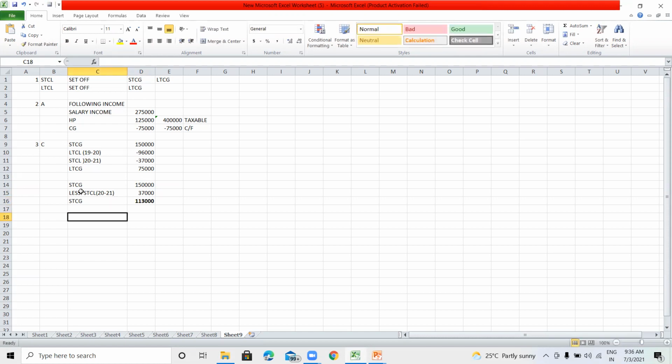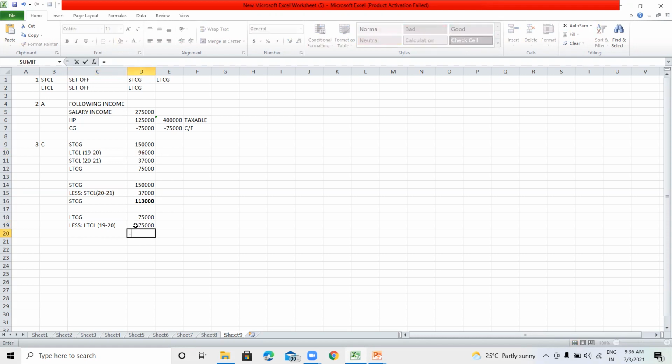Now there is the long-term capital gain of 75,000 rupees, and we will set off the long-term capital loss of assessment year 2019-20. The long-term capital loss is 96,000, but we can adjust up to 75,000.